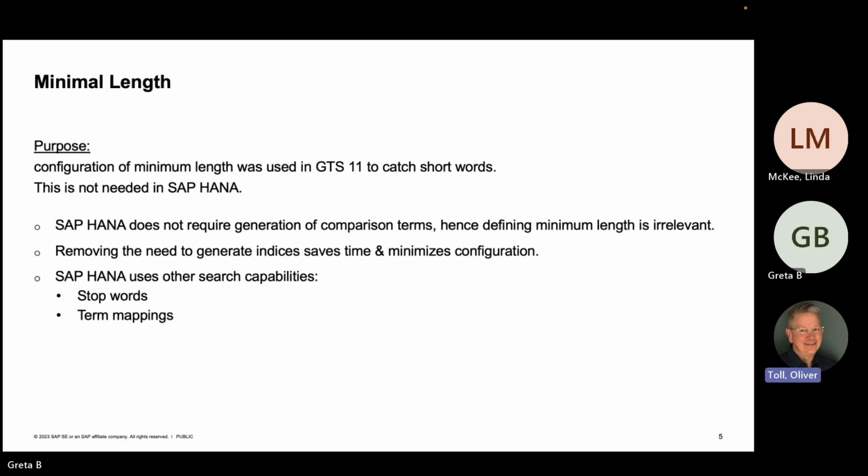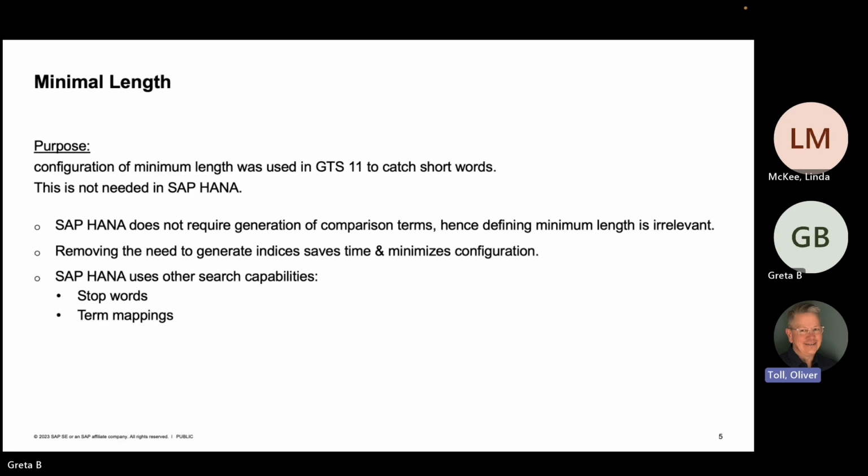And if you talk about minimum length, this is an area where in the classic GTS search or in the T-Rex, there was an option of configuring the minimal length. This was an area at the list type level. Since HANA Search no longer has a need of generating search terms, these parameters are also no longer in effect when using SAP HANA Search.